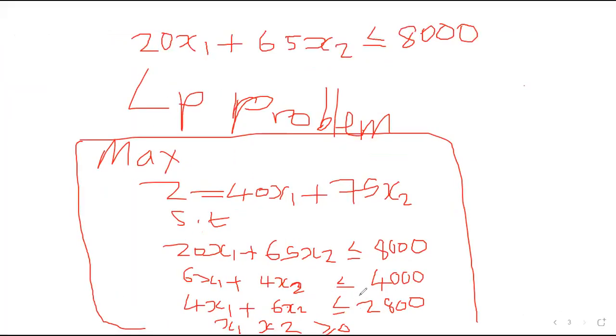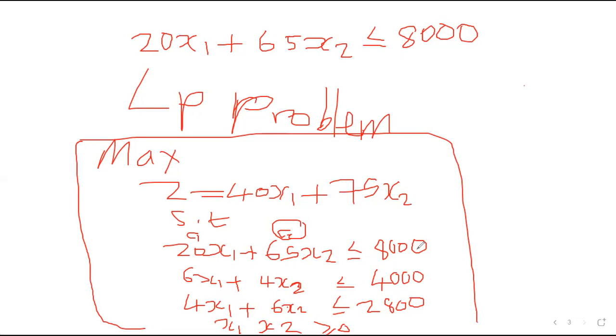So the total material cost was 20 for C1, and then for C2 the total cost was 65. So this is subject to this one. From here, we can graph these ones.